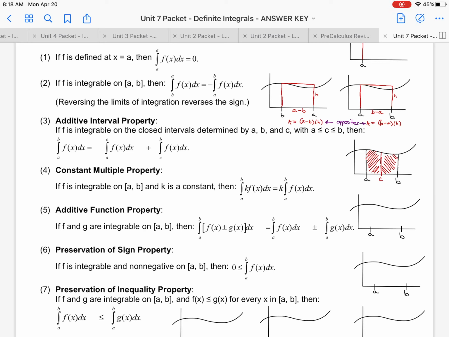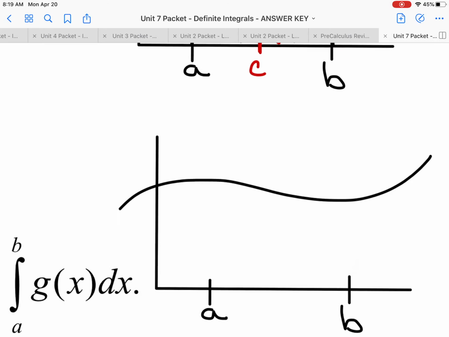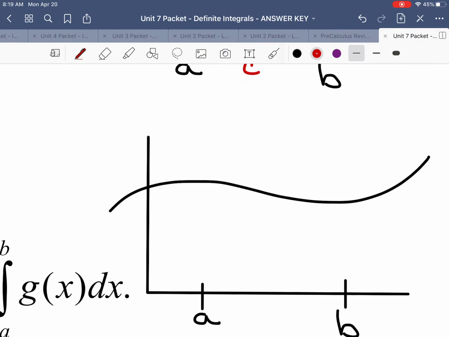Pardon me, additive function property. It's saying that if I want to add or subtract two functions on a closed interval from a to b and find its area, which is really what a definite integral is saying, then what I can actually do is find the areas of each one individually and subtract or add the two individually. So I have my arbitrary function here, which I'll call f.